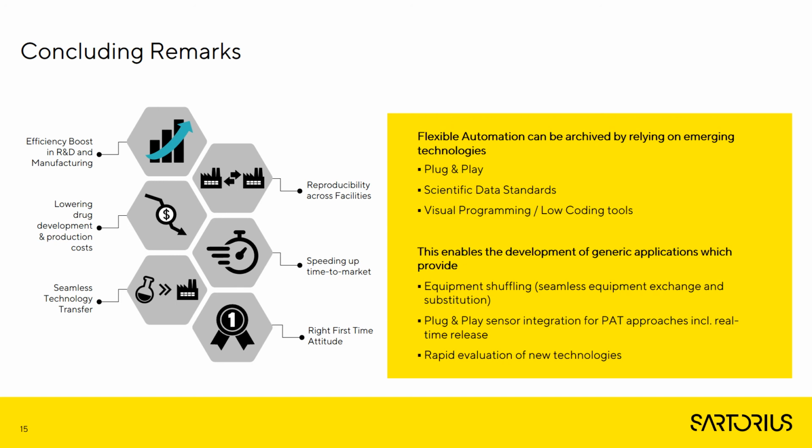Generic applications and workflows are a key driver for efficiency in all areas, by reducing the development effort to a single software application which is capable of serving diverse purposes. This includes all tasks in commercial and R&D bioprocessing.